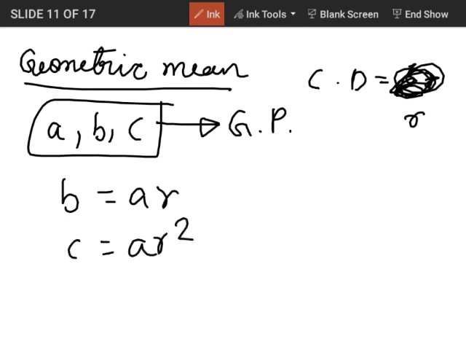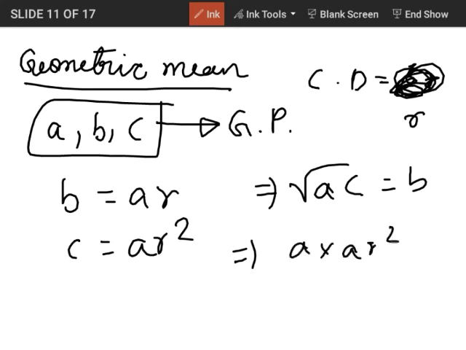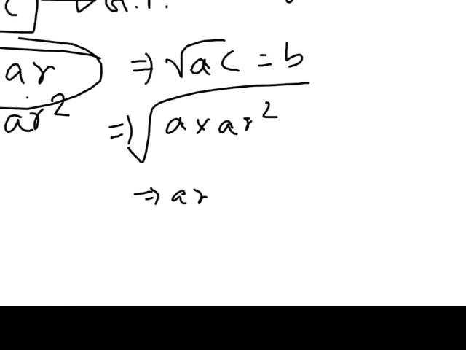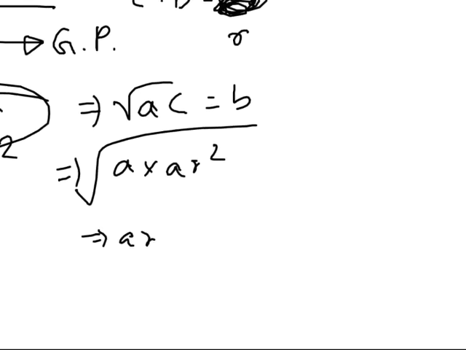So again, b is the geometric mean, which would be root of AC, that is b. What is root of AC? Now you can see it yourself, a multiplied by ar square under root, so this will be ar, which is b.